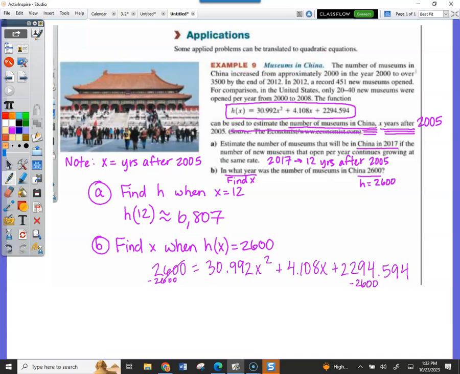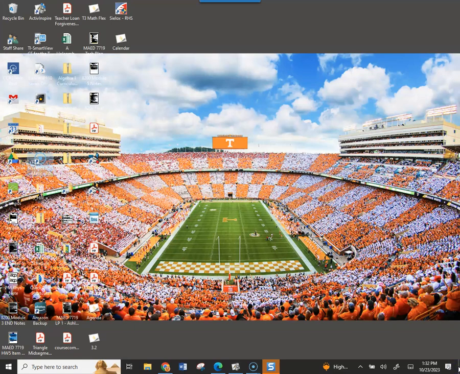So when you go to the calculator, you're actually going to enter this beginning stuff, middle, and then right here you're going to have this. So you will go to y equals, you will type this in.